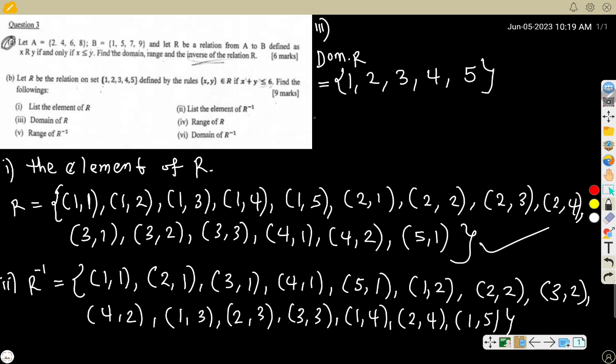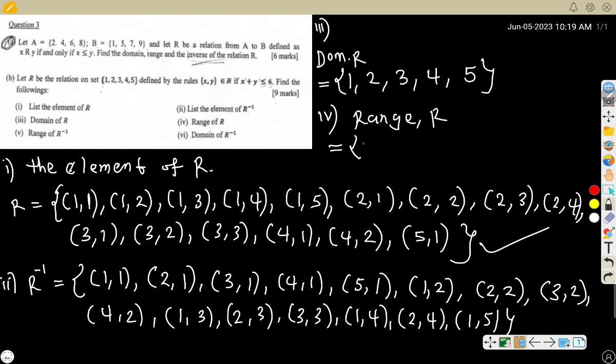So now range of R. So range is the second number, but don't repeat numbers also.